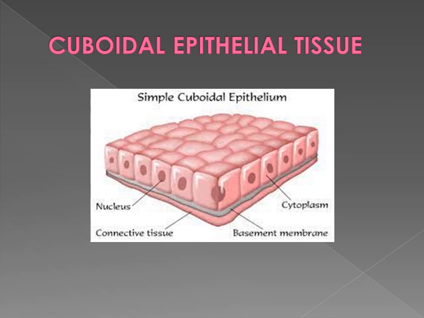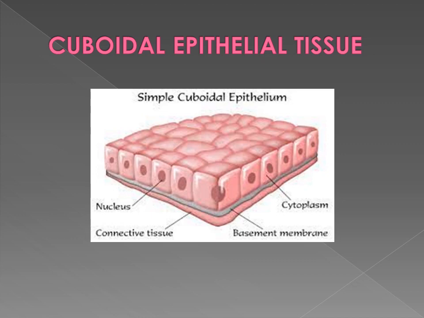Here also there is only a single layer, since it's a simple epithelial tissue. In squamous epithelium the cell shape is flat, but here it is cuboid shape. That's why this tissue is known as cuboidal epithelial tissue.